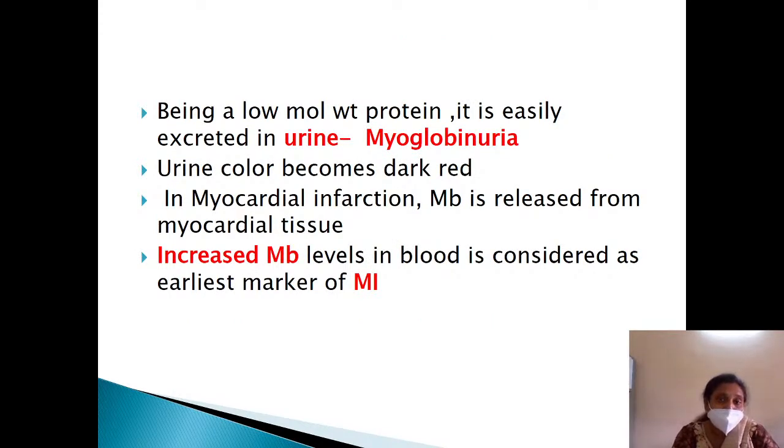Being a low molecular weight protein, it is easily filtered at the GFR and excreted in urine, so myoglobinemia is followed by myoglobinuria. Myoglobinuria is a term that denotes presence of myoglobin in urine. At that time, urine becomes dark red in color.